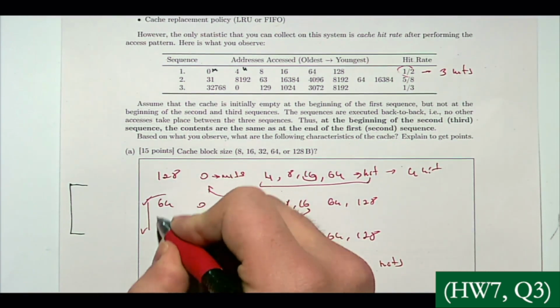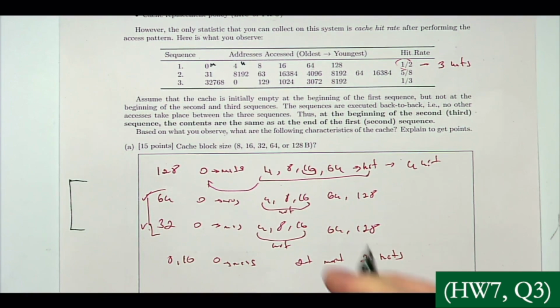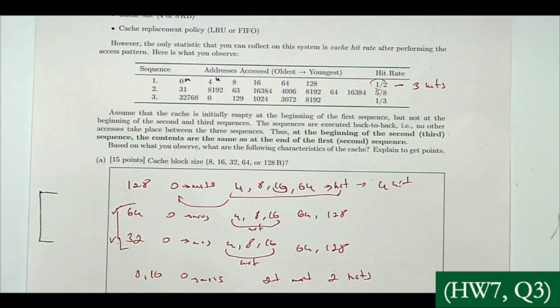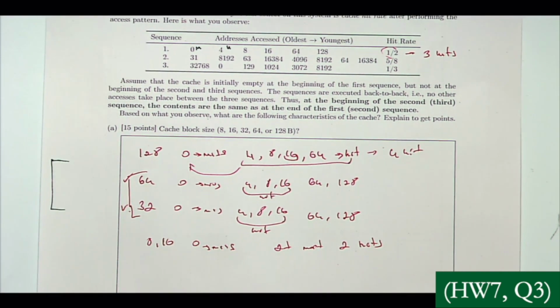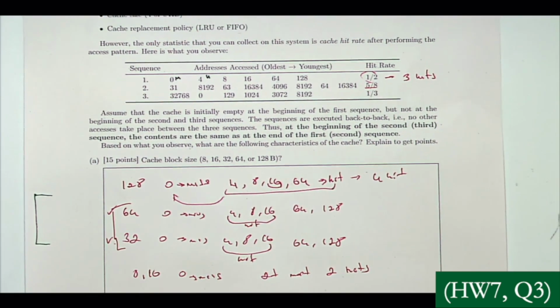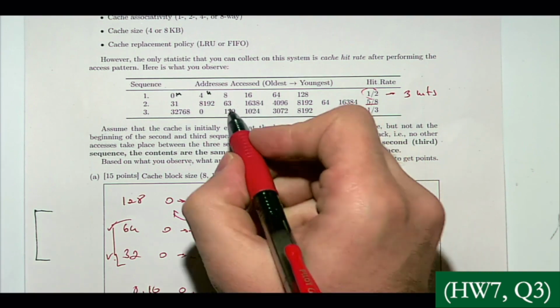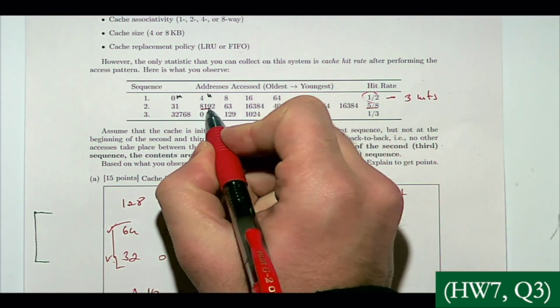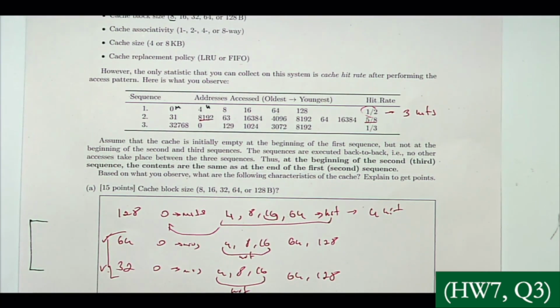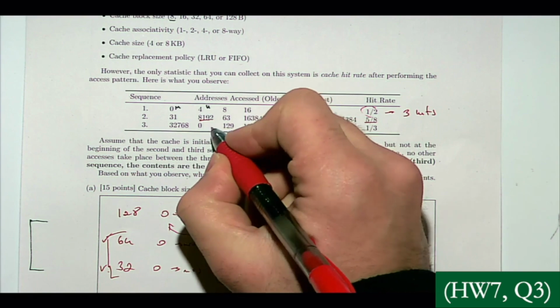So we are in between 32 and 64. We need to look at the second sequence in order to decide the block size. For this one, the hit rate is 5 divided by 8, so we first need to look at those addresses that we are sure won't be in the same block when they are first accessed.